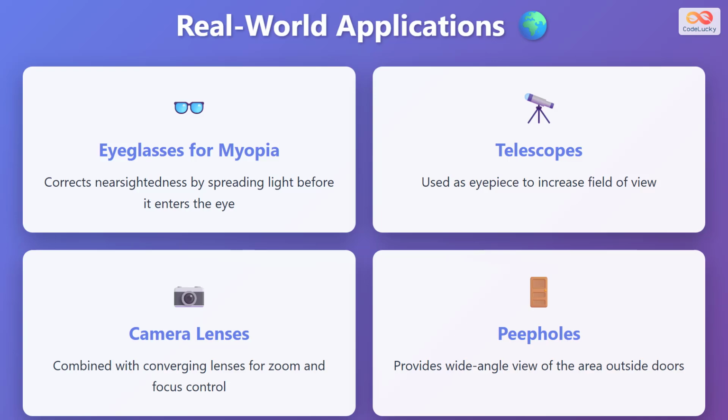In camera lenses, they are combined with converging lenses to control zoom and focus. You can even find diverging lenses in door peepholes, where they provide a wide-angle view of the area outside, helping you see who's at your door. These applications demonstrate how important diverging lenses are in both correcting vision and enhancing our ability to observe the world around us.